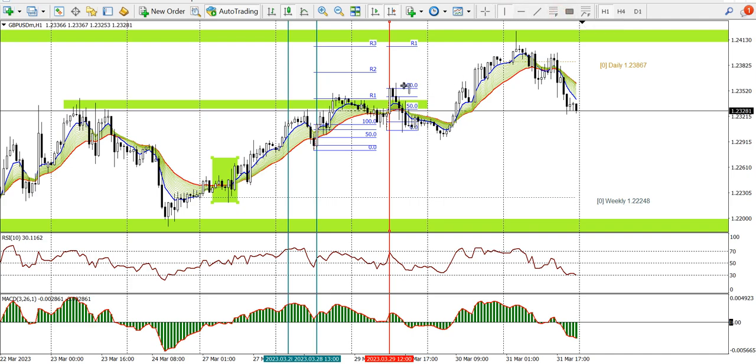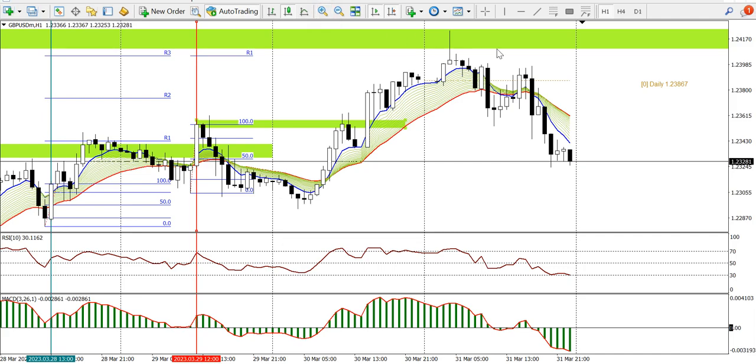Again, price started to move higher to this area. If we mark this area, price rejected this area with two candles.